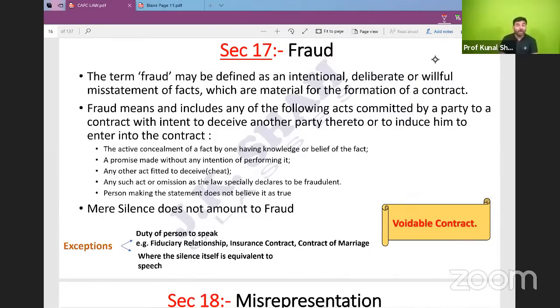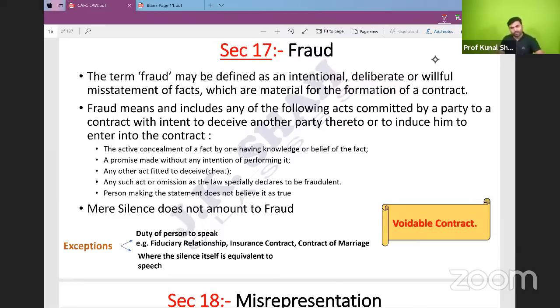And whenever a contract has been formed through fraud, the aggrieved party has a right to terminate the contract, and that aggrieved party can also claim damages from the defaulting party.